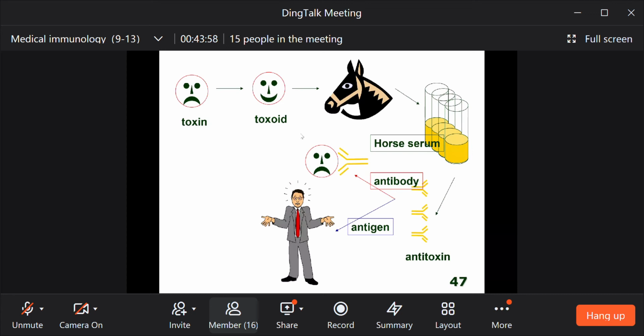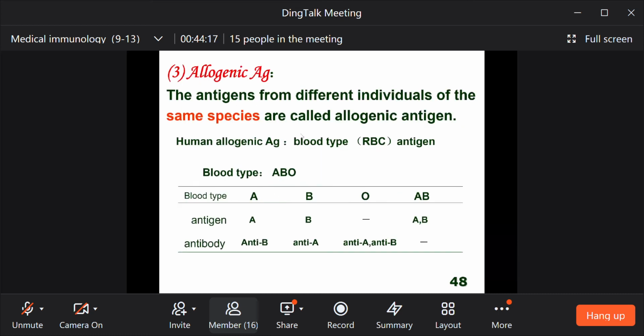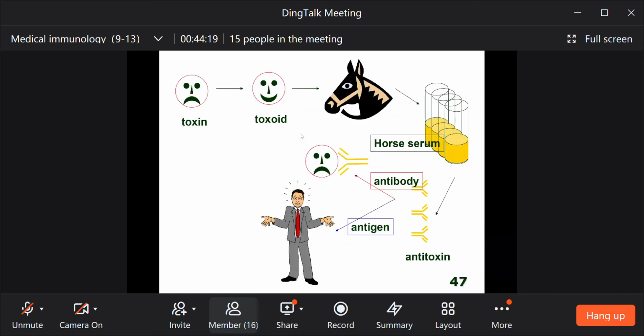This means different species have different proteins. The proteins from the host may be an antigen to a human being. This antigen is named exogenic antigen.